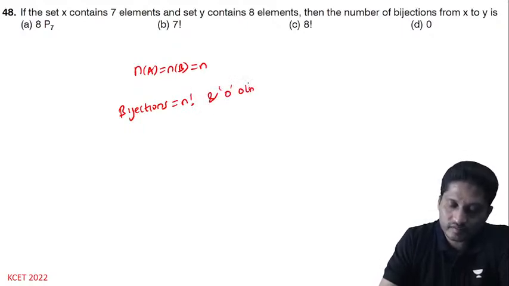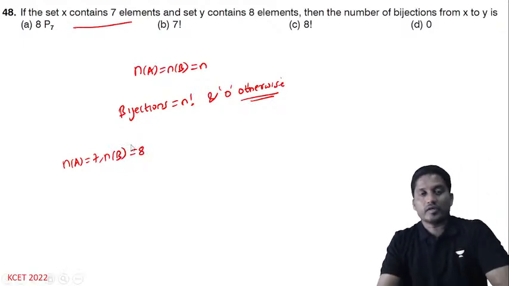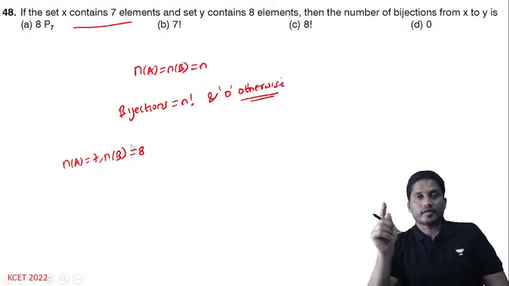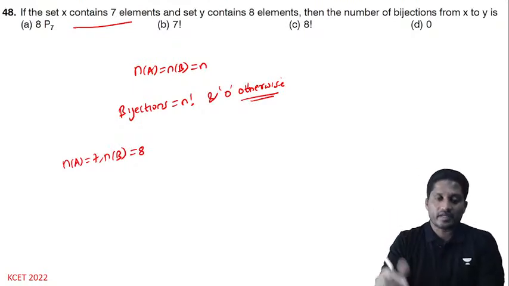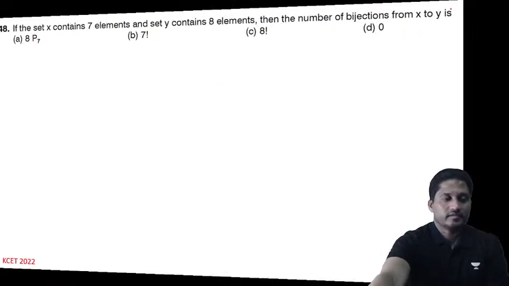So if I use this logic, guys, set A contains 7 elements, and set B contains 8 elements. Bijections are possible only when set A and set B have the same number of elements. But here it is 7 and 8. So that's why the total number of bijections will be 0. Answer is option D.